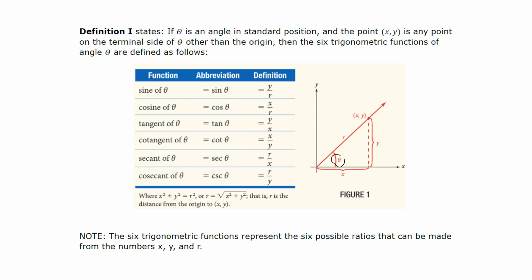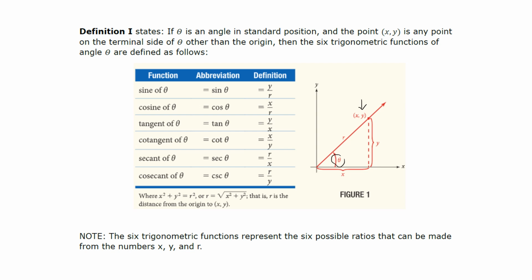We then have a point (x, y), and this point is on the terminal side of our angle theta. So this has a distance of x and a distance of y, as noted on the legs of the triangle that's formed with our terminal side.